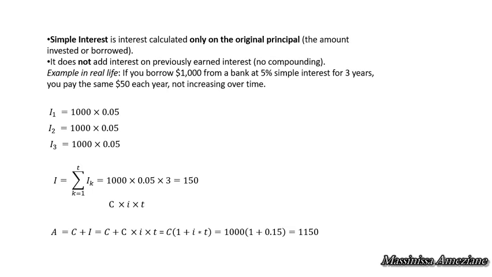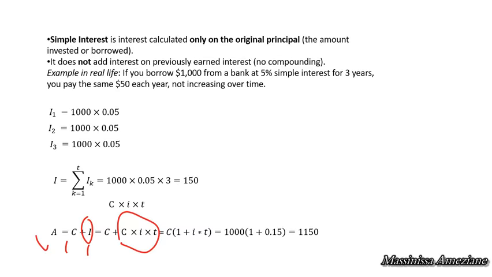And if we want to find the accumulated value A, it is the original amount plus the interest, which means in the end you will pay the bank the original amount plus the interest: C plus I. And we know that this interest is C times the interest rate times the number of periods.